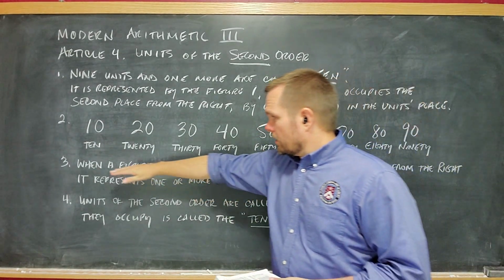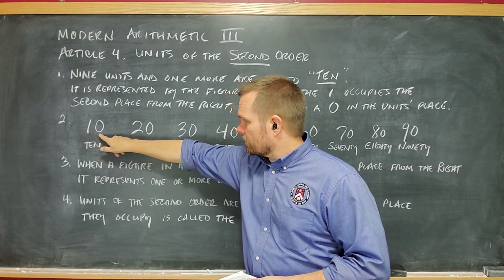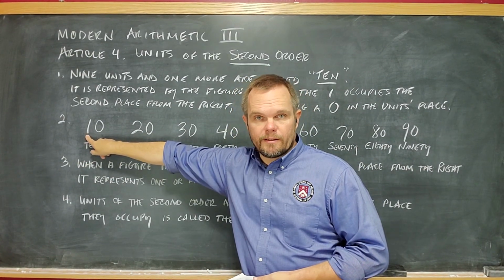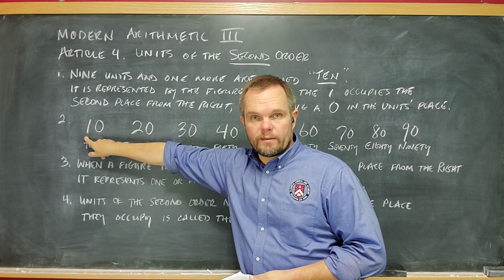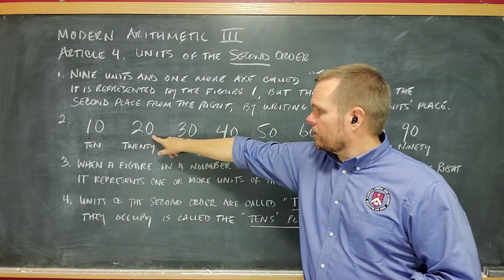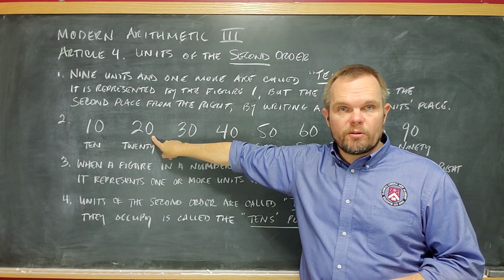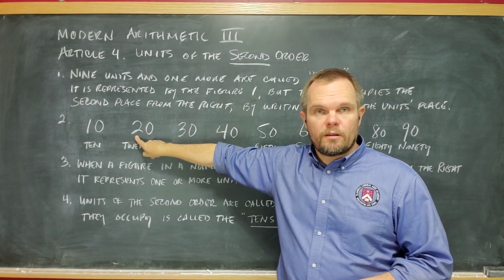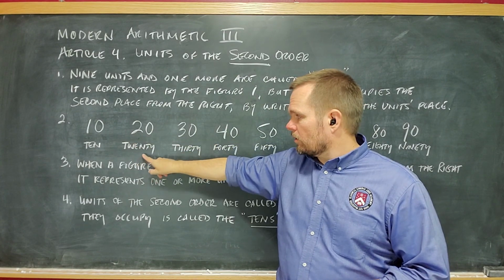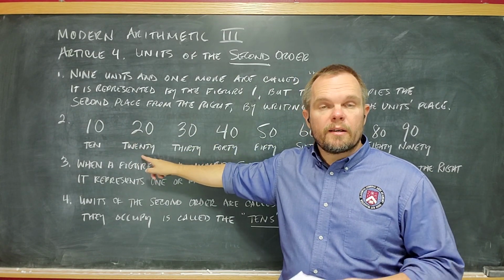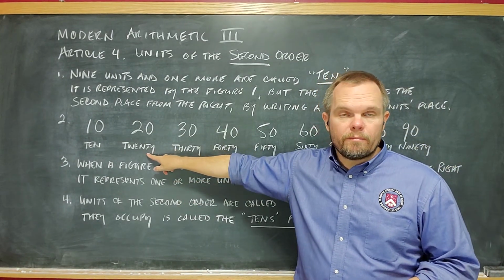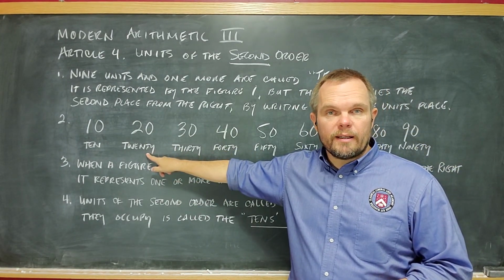Now, here we see there are 0 units and there is 1 ten. Here we see that there are 0 units again, but there are 2 tens. 2 tens is called 20 in English. Remember, this is only the name of this number in English.